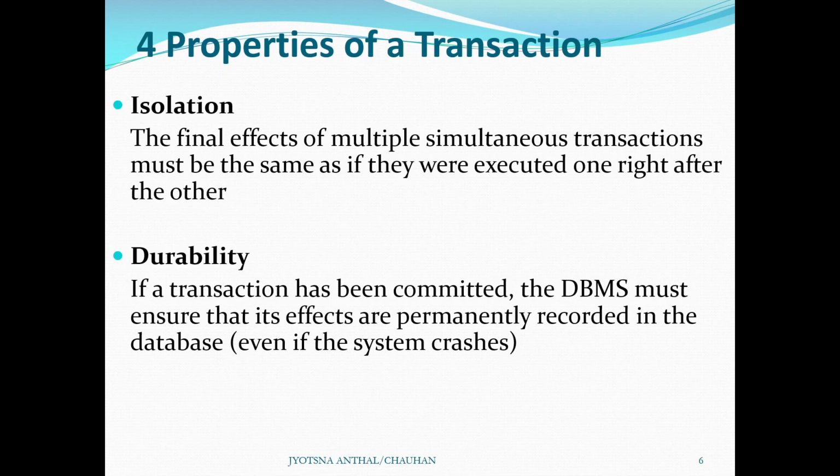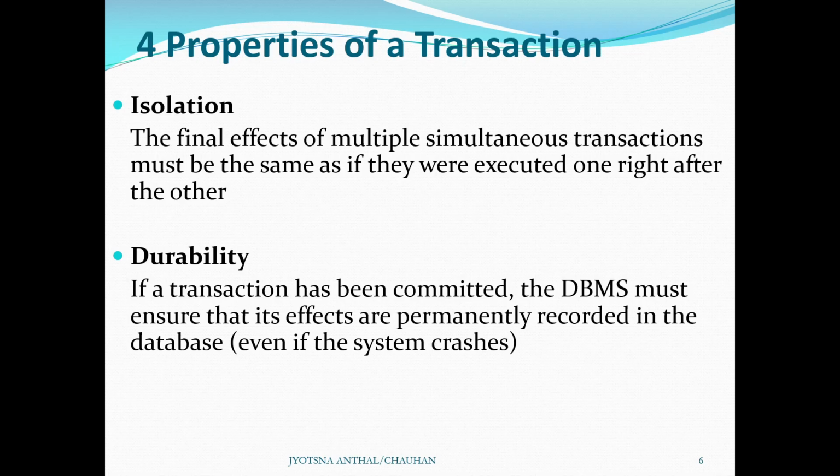Then isolation. Isolation means that when transactions are being executed simultaneously on the server, each and every transaction is executed in an isolated way, where no transactions cross each other.